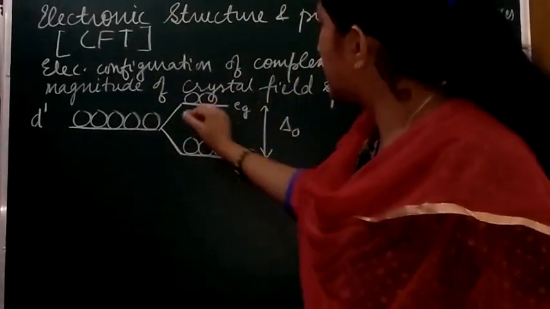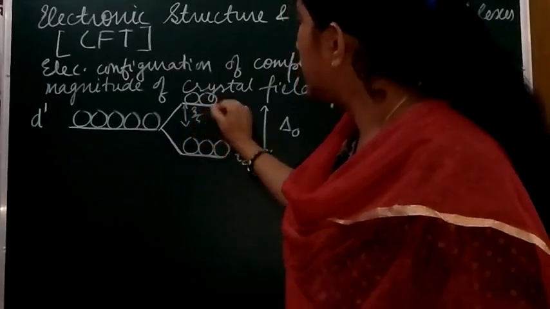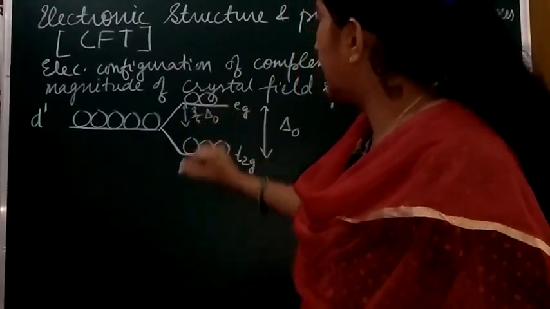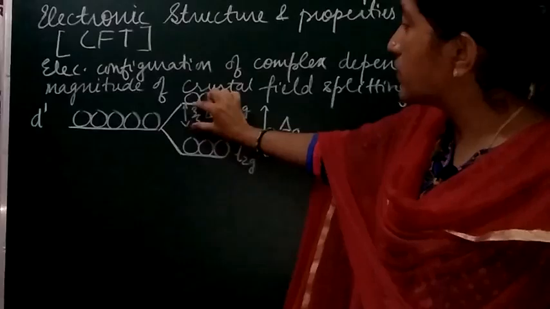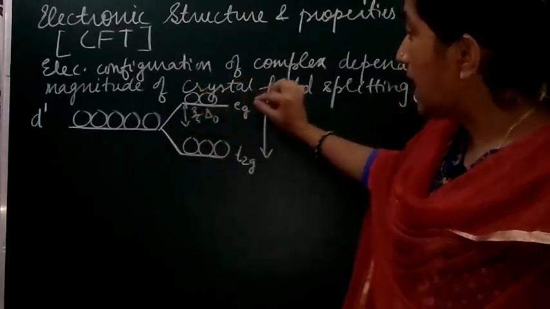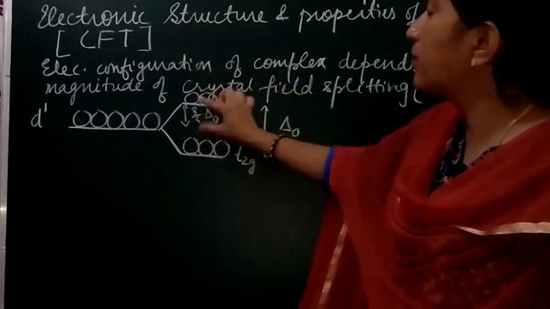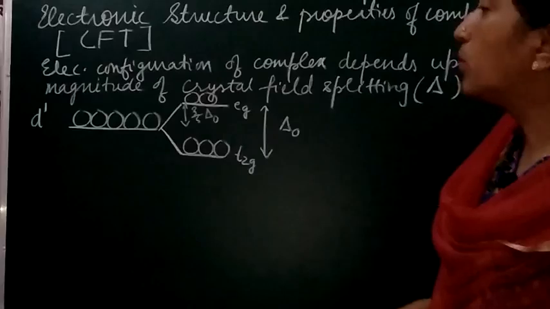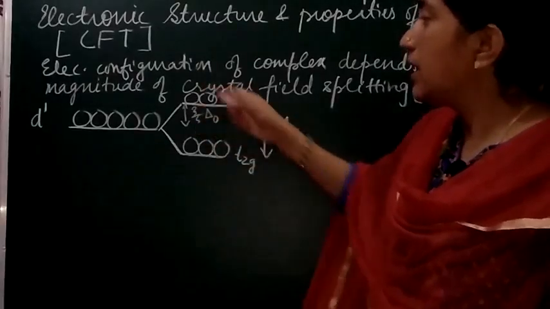You know that the energy which is increased is by 3/5 of delta naught. That means if this splitting is less, the energy which is being raised will also be less. And if the splitting is more, its 3/5 part, that much energy to maintain the average d orbital energy, will be raised up.